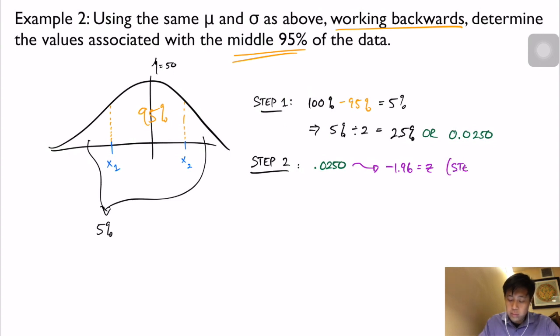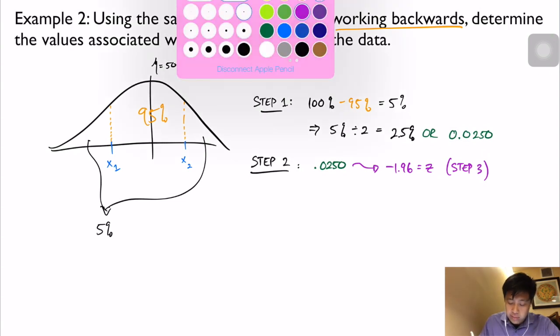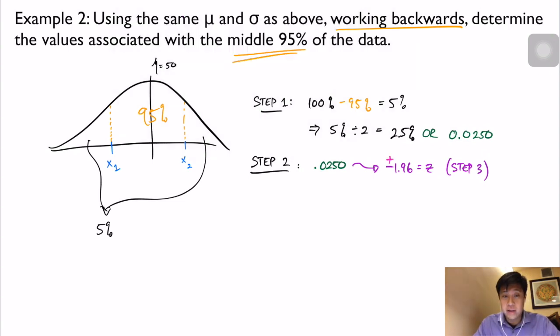But again, I'm doing it a little bit quicker since we already have the basis from the previous example. You can also take the opportunity to write this as a plus sign right here, because remember, we need both the positive and the negative versions of these. And remember, this portion here at the top in step 1 is unique to the fact that you're finding the middle percentage. Again, I'll write those Z-scores right here under the unknown X values.